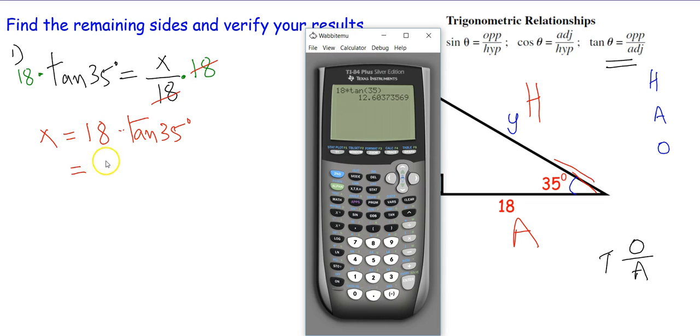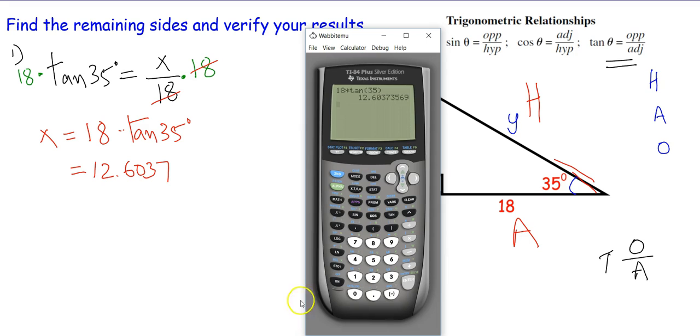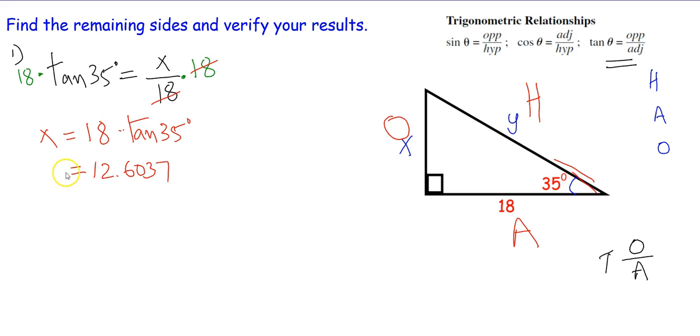That is your x equal to 12.6037. Let me double check. That's right. This is the value of x. One part is done. We have the value of x.